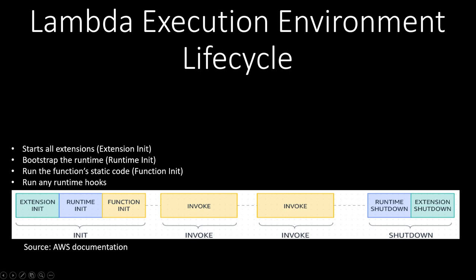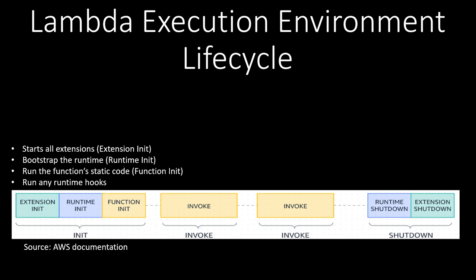The Lambda function is invoked in response to the next API call from the init phase. Lambda sends an invoke event to the runtime and to each extension. The function's timeout setting limits the duration of the entire invoke phase.